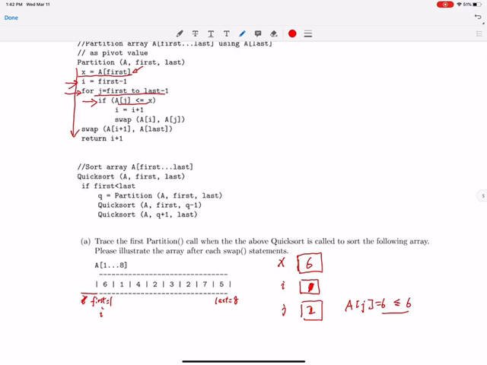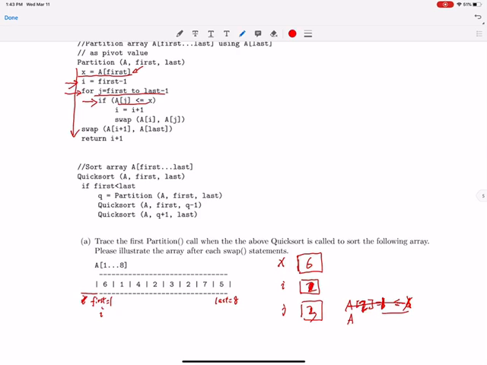Now compare A[2], which is 1, against 6, again x. Still less, so i is increased again and we swap A[i] with A[j], again no change. So move on to j equal to 3.